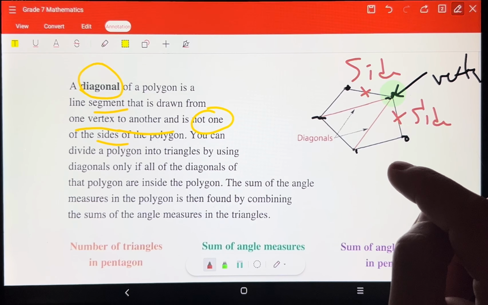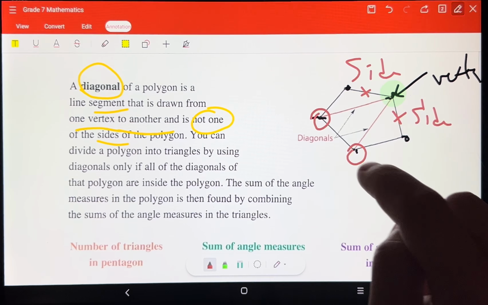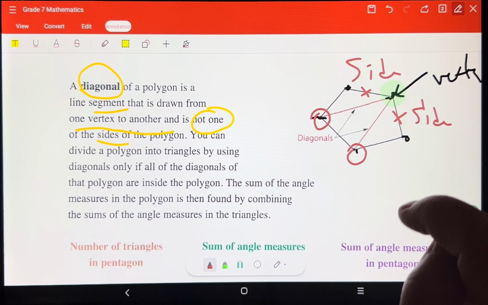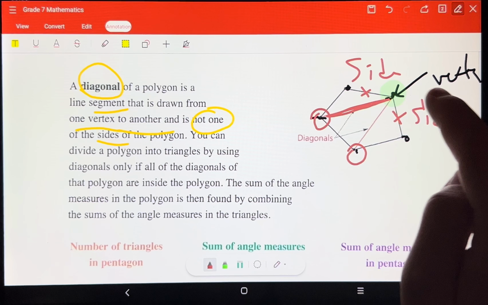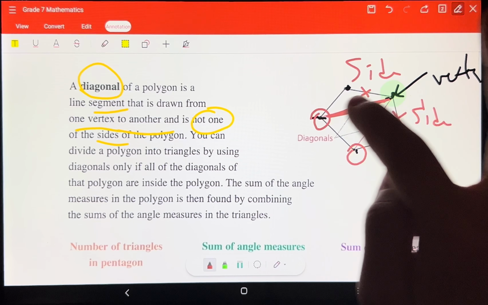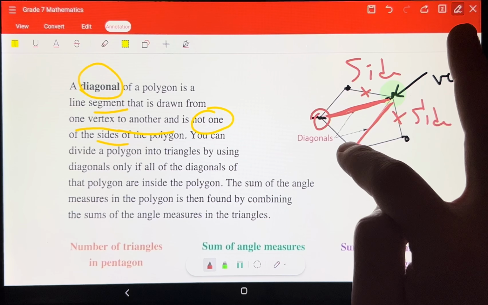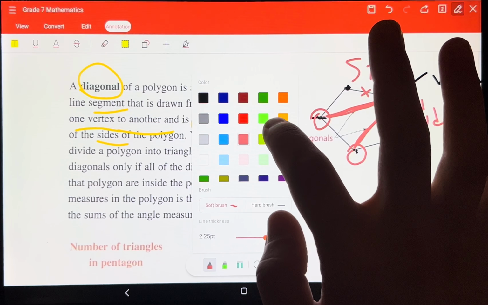What do I do then? I've got 2 other vertices left, so I draw a straight segment from the green one that I highlighted to each of the other 2. Those 2 are called diagonals.